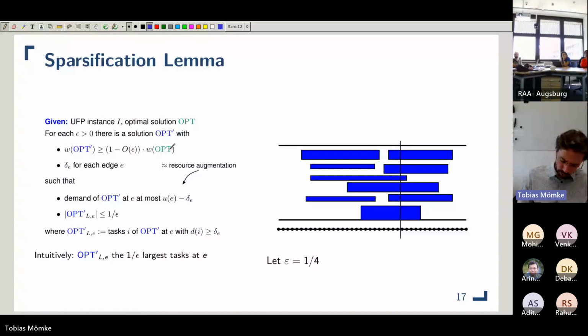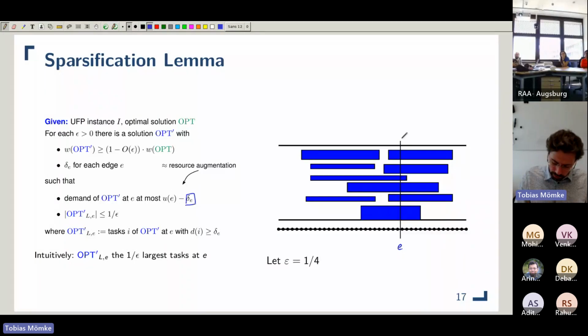And what we can do now is look at a special edge E. For this edge E, we can create a specific slack. So this value delta E is a slack that we create for edge E. And what do we want to have now? We want to have that there are only few bigger tasks than the tasks that we remove.